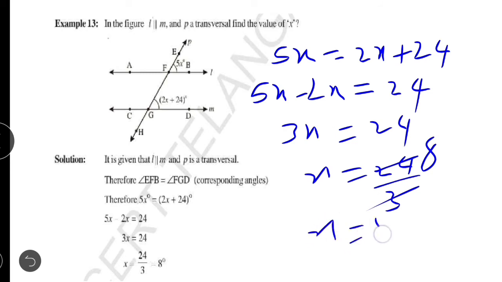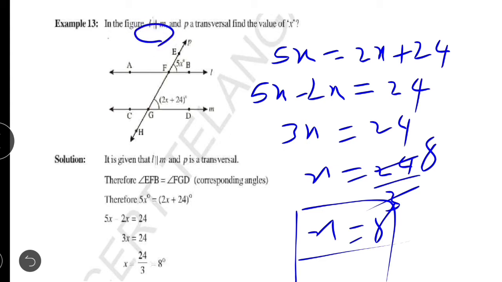So then x value is 8 degrees. Here you have to mention the reason: L parallel to M, P transversal, then corresponding angles are equal. So 5x equals to 2x plus 24, and after simplification the x value is 8.